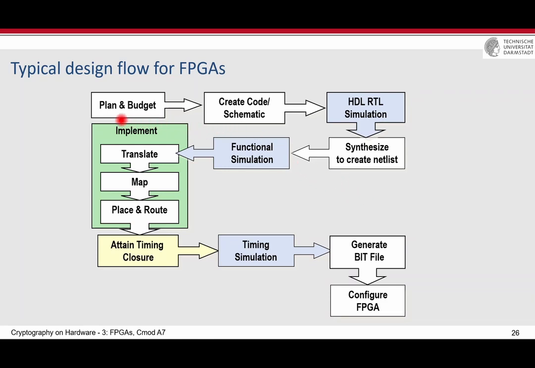And then you do the implementation. In Vivado, this is one step. It's called also implement. And in ISE, the former version of the Xilinx development tool, there was a translate, mapping, and place and route. 3 different steps. I will explain them later, what they are.